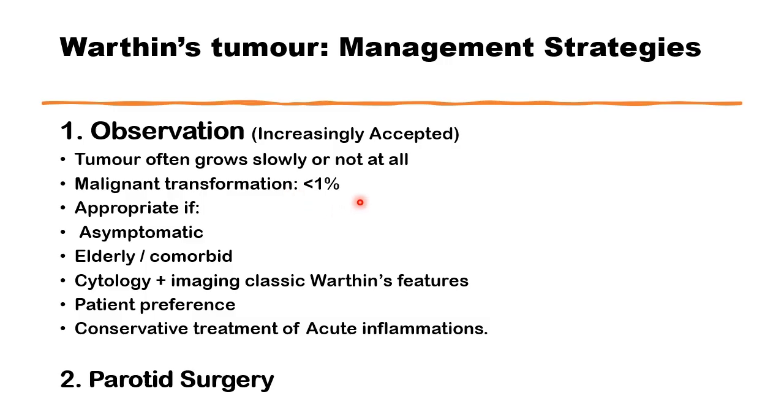Malignant transformation rate is very rare, and observation may be appropriate if the lesion is asymptomatic in an elderly patient or a patient who has several comorbidities, and when the cytological features and the imaging confirm a classic Wharton's tumor. If the patient also asks for observation rather than surgery, this should be the case.